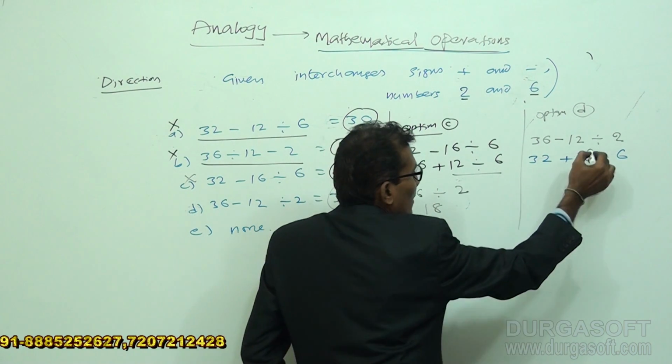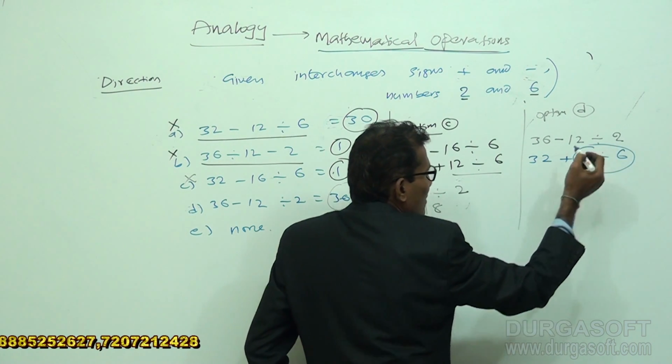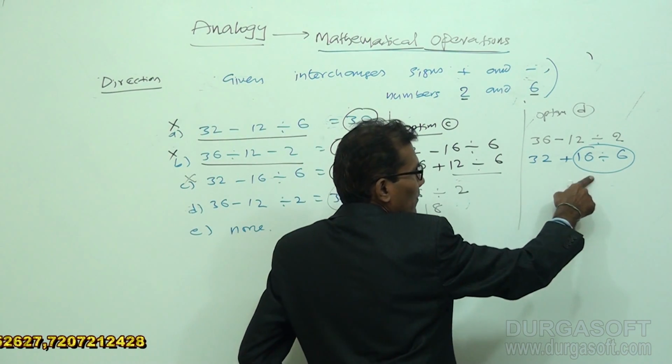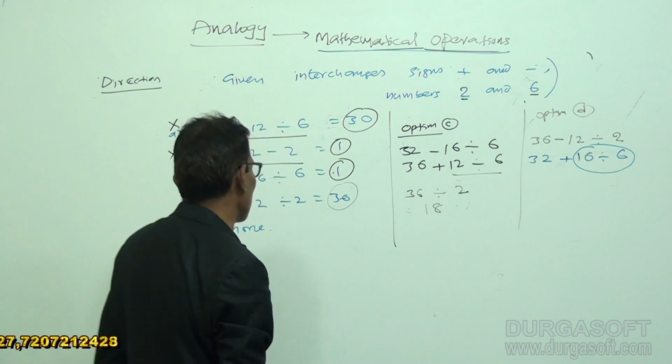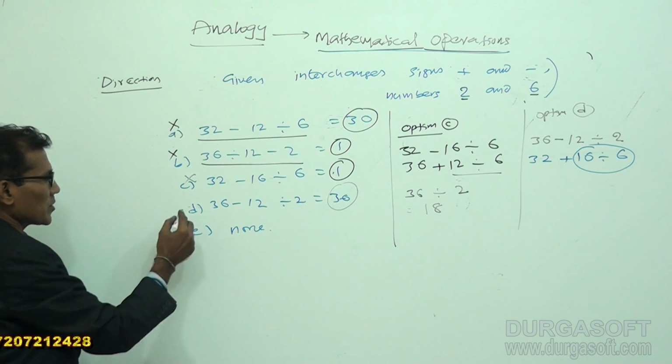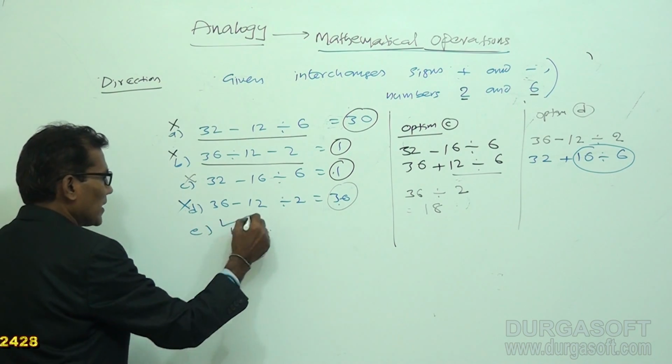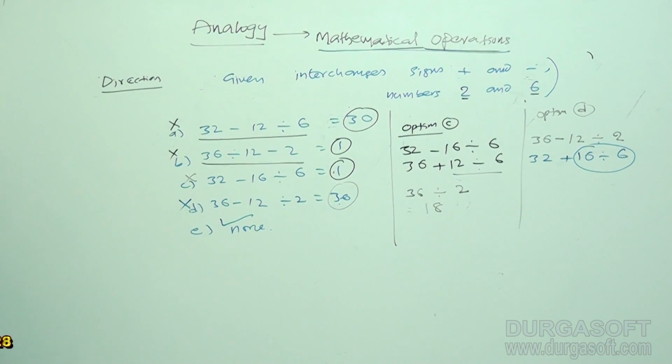According to DMAS, first we have to operate the division. 16 by 6 is going to be a fraction, then an integer plus a fraction is going to become a fraction, but in option D it is not a fraction, therefore D cannot be your answer. So finally none is the correct option.